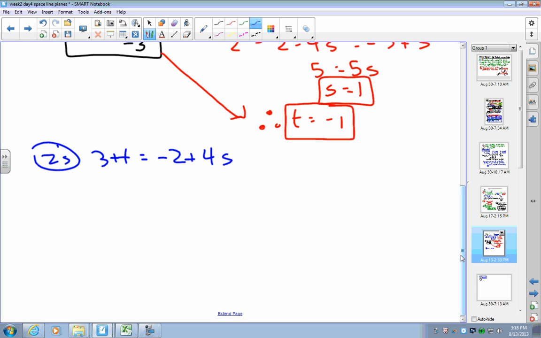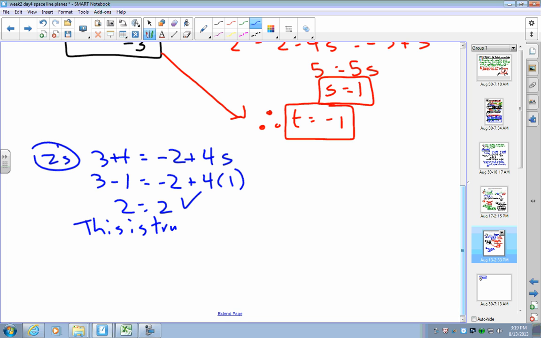Let's see if this works. 3 minus 1 equals negative 2 plus 4 times 1. 2 equals 2. Since it satisfies the z's, this is true, so there is an intersection.